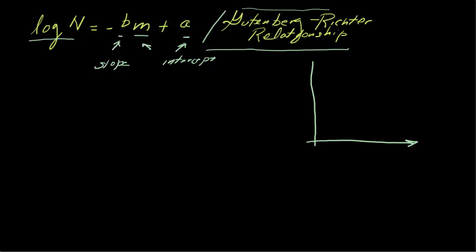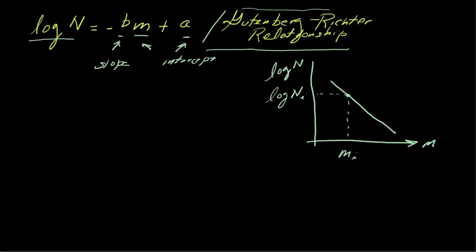We've got our independent variable, which is m. We've got our dependent variable, which is the log of n. N is the number of earthquakes of magnitude m and higher. So the slope is negative, so we have a line that looks something like this. For any individual value, come over to this line, we have a particular log of n sub i for a magnitude m sub i.